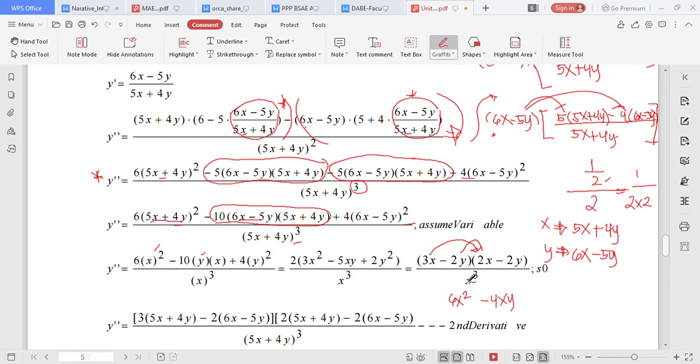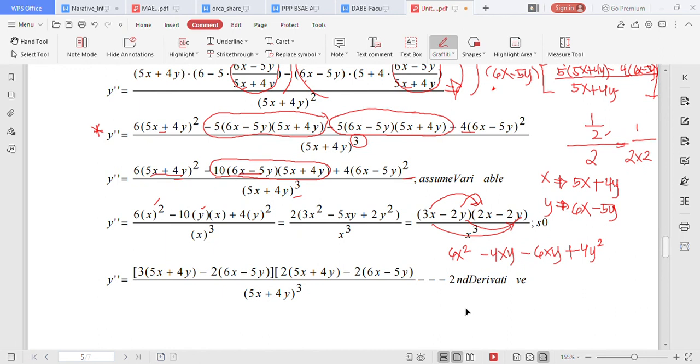And then we have, say this one, minus 6xy and then plus 4y squared. So, the factor of this could be this one or this one. Okay?